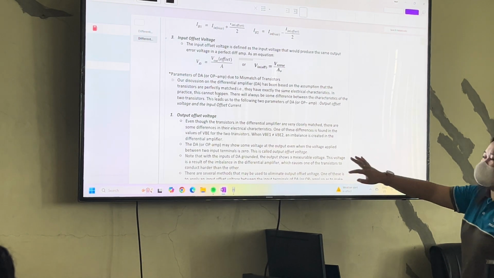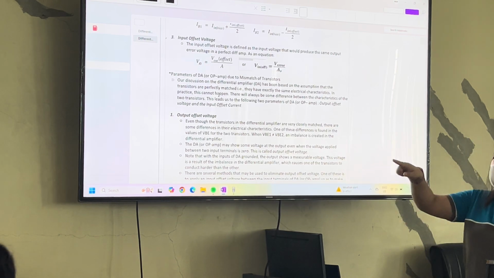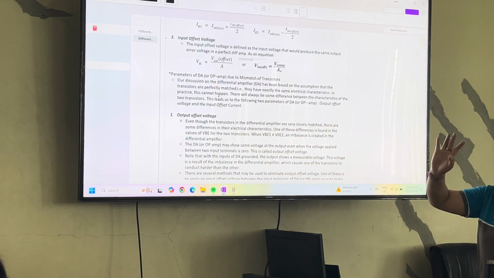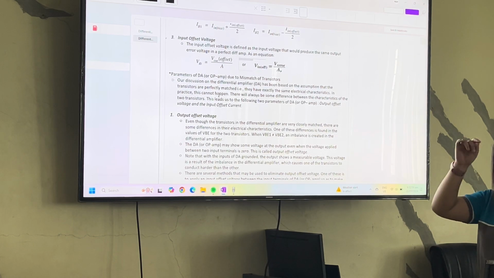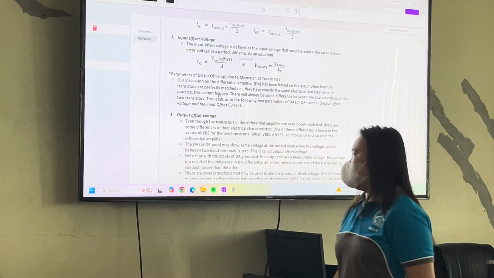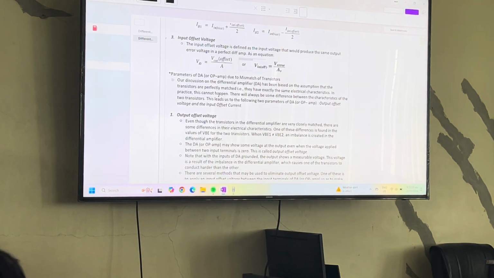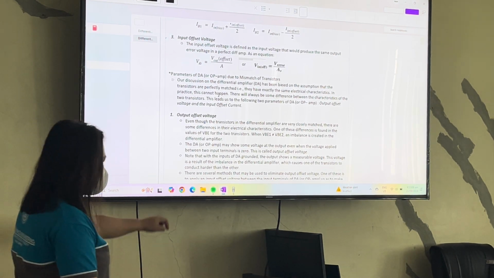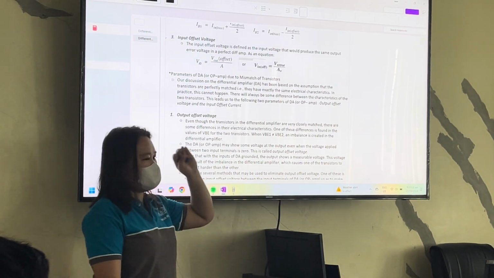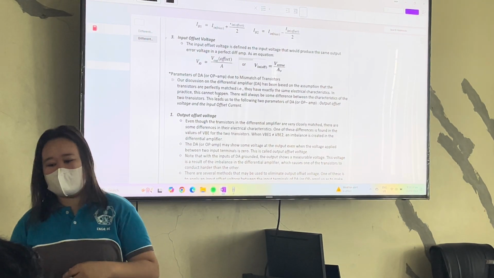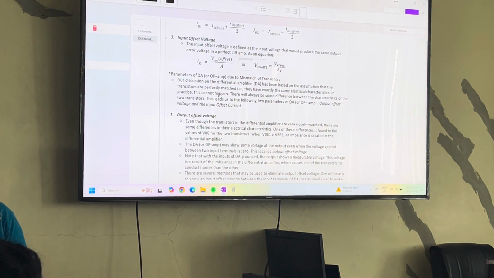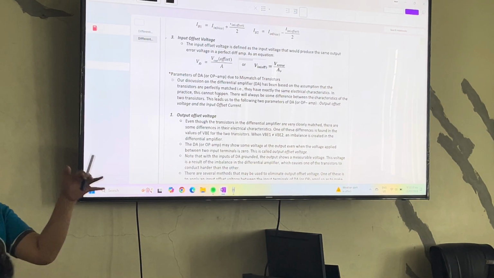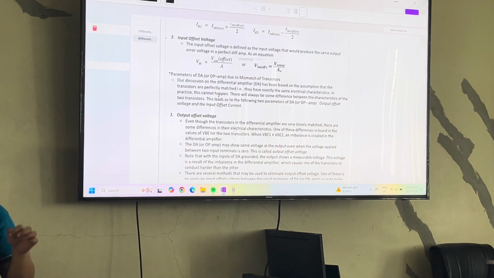Now, note that when the two inputs of the differential amplifier are grounded, so grounded, class, not open, correction, zero, the output shows a measurable voltage. Ideally, if the amplifier is perfectly matched, with two transistors in one amplifier, there should be no measurable voltage.